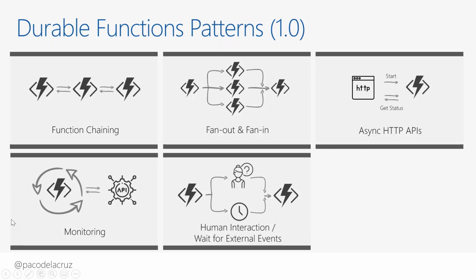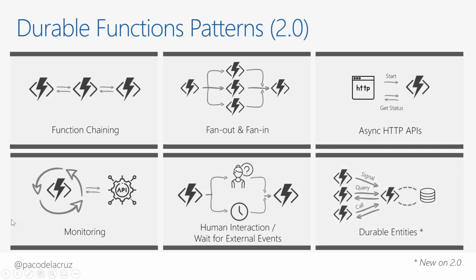With 2.0, they're releasing a new pattern, which is durable entities. So with durable entities, using the programming model, you can have these stateful entities, and then other functions can signal your durable entities, for example, to mutate the state of your entity.